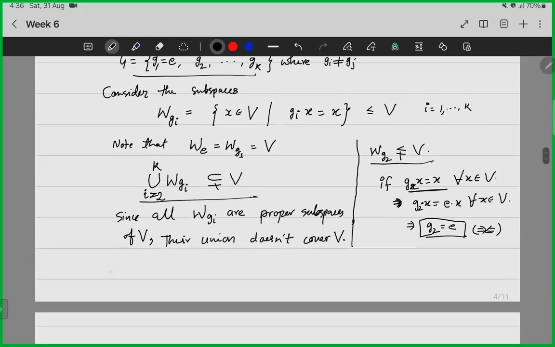There exists x inside V minus the union of W_gi for i from 2 to k.